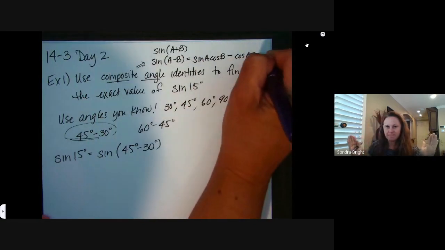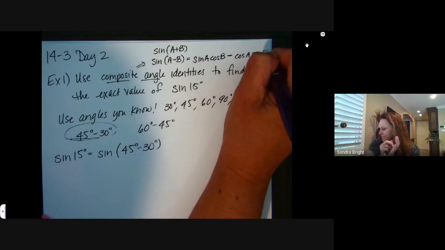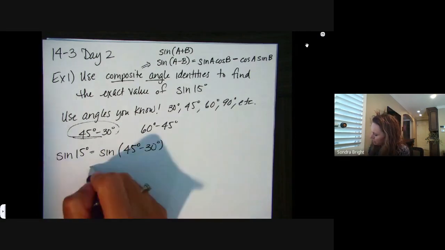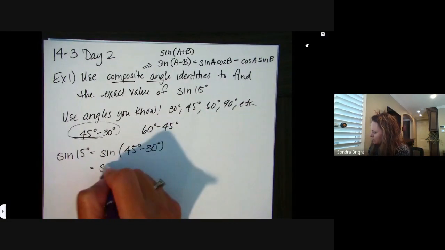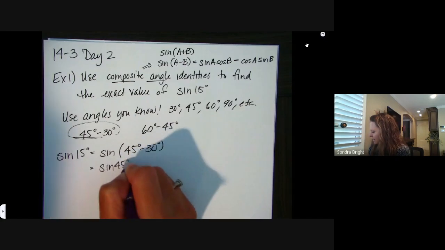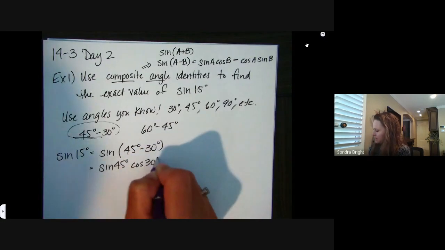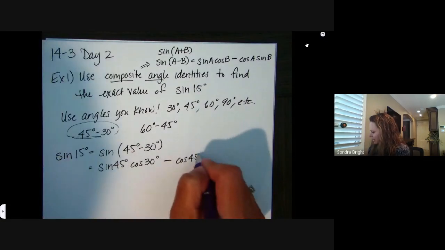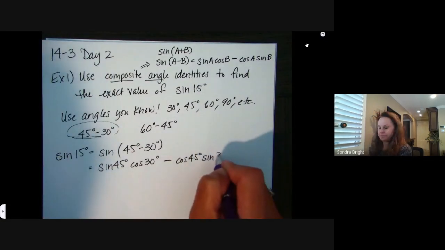The sines are the bread, cosines are on the inside, and same sign. So sine, cosine, same sign sandwich. All right, so that makes this equal to sine of the first times cosine of the second. Keep the sign, it's a minus sign there. Cosine of the first times sine of the second.